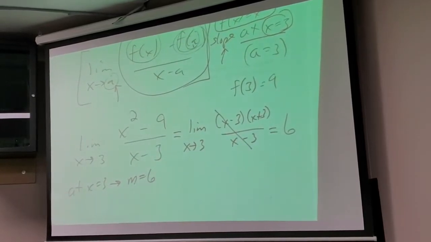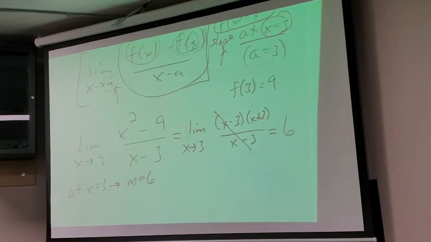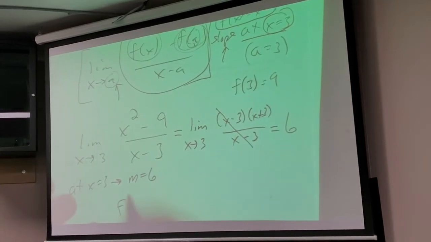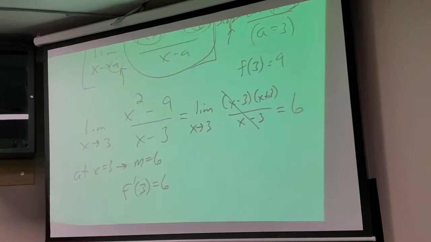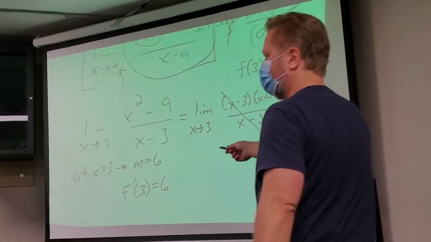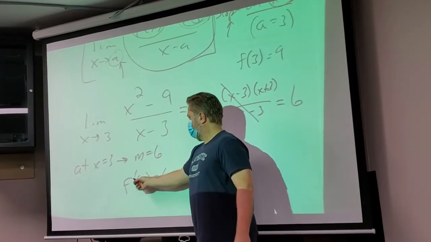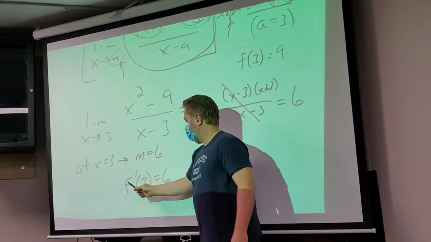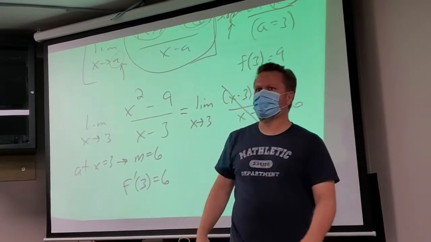What's the more technical way to write the slope of f of x at 3? F prime. In fact, we'll say f prime of 3 is 6. So if I ever see this just sitting around, the slope of the function at x equals 3 is 6. That's how to read that.